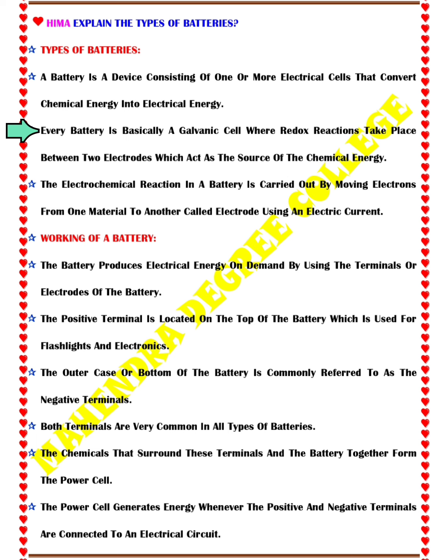A battery has two main parts inside. First one, anode, negative terminal, and cathode, positive terminal. These are called electrodes, and redox reactions happen here, which act as the source of the chemical energy.